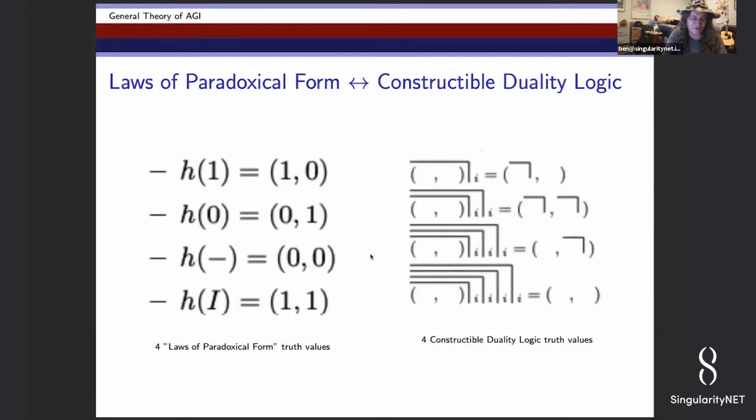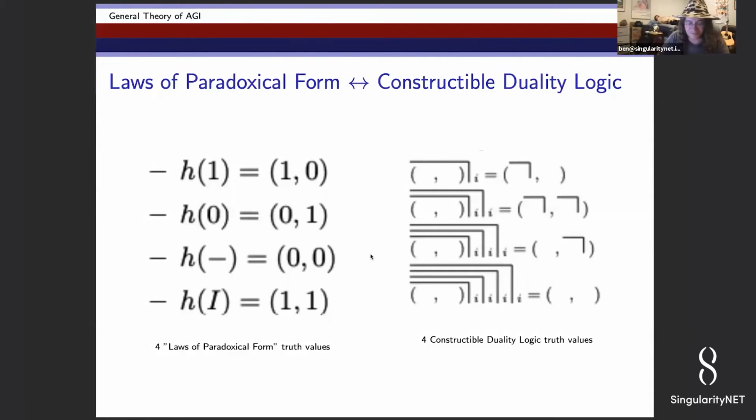If you want to say, I have only counterexamples, only negative evidence, you're going to say that's truth value 0, 1. If you want to say, well, this is wacky and confusing, I have both positive and negative evidence, both examples and counterexamples, 1, 1. And if you want to say that you have neither positive examples nor negative examples, then you get 0, 0, right?